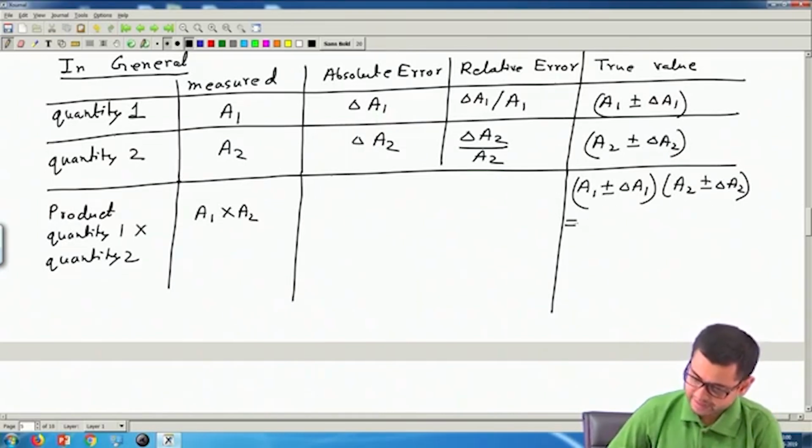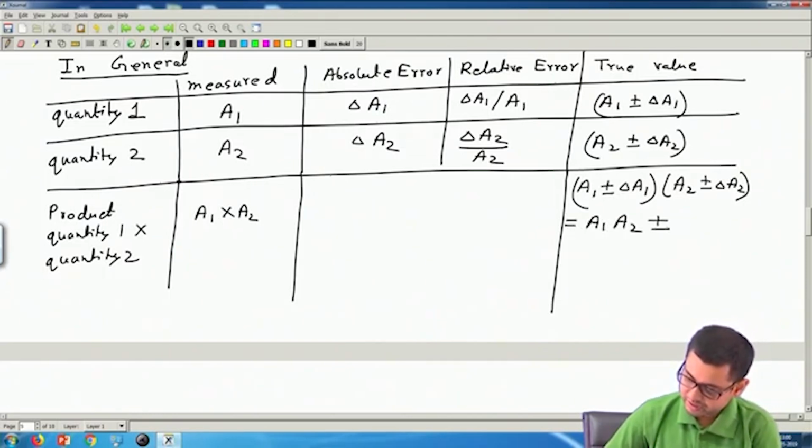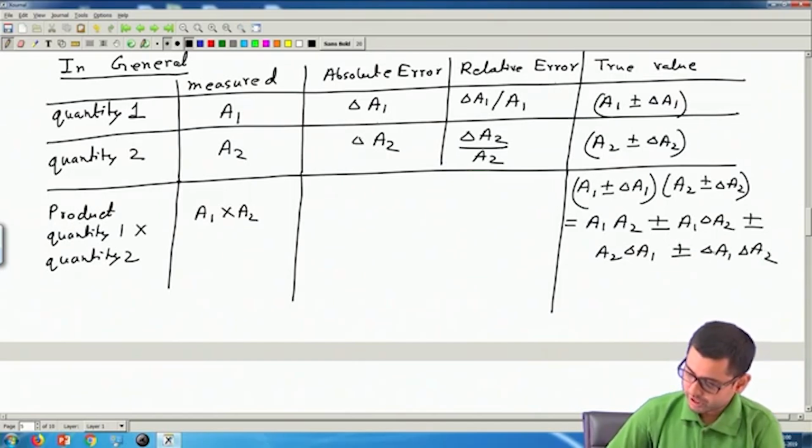Now we can write this as A1 times A2 plus minus A1 times delta A2 plus minus A2 times delta A1 plus minus delta A1 delta A2. Now delta A1 should be a small number, since it is an error. Delta A2 also should be small.